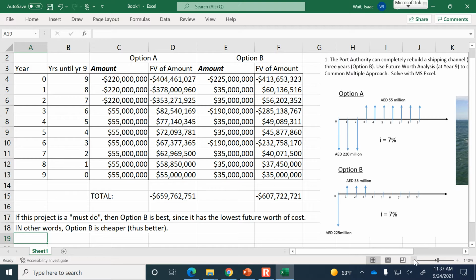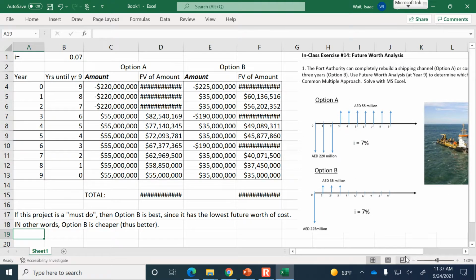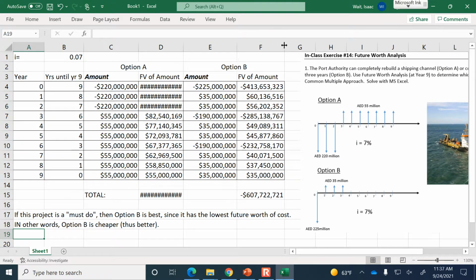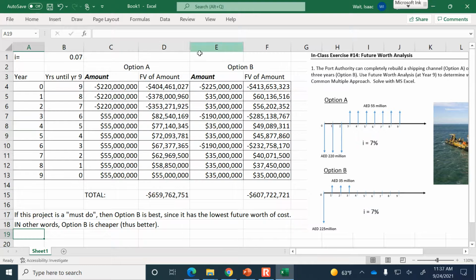Assuming that they both perform equally well, we're already accounting for how good the solutions are because they generate different amounts of revenue. Option A generates more revenue each year, but option B is still superior from an economic standpoint because it has the lowest overall cost when everything is taken to the future.